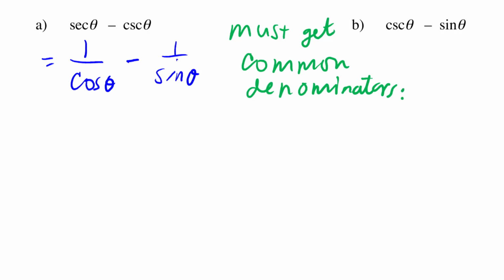It doesn't matter whether it's cosine times sine or sine times cosine. They're the same. So, the first fraction, we need to multiply by sine theta over sine theta.